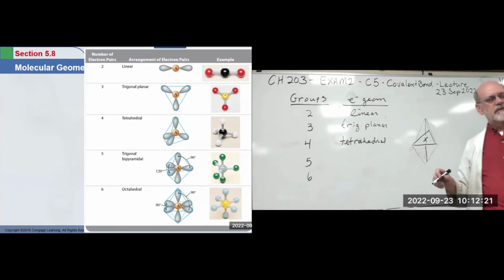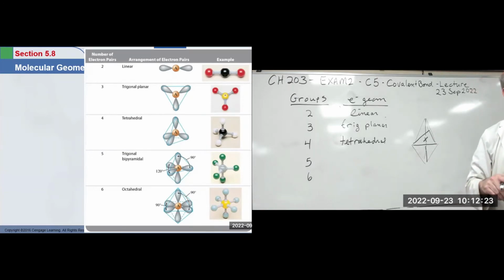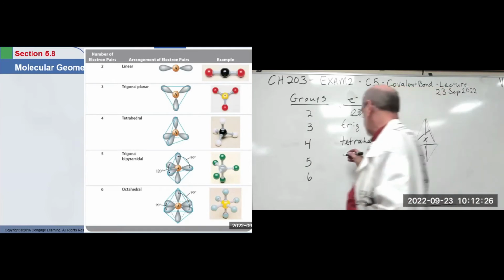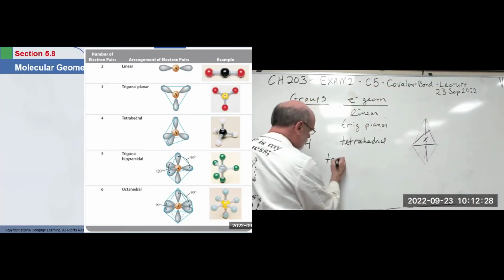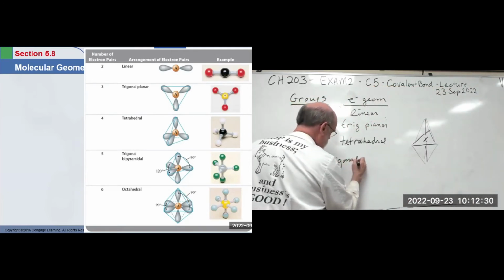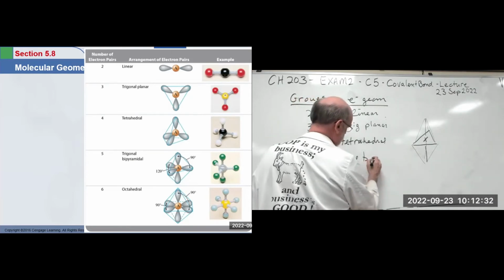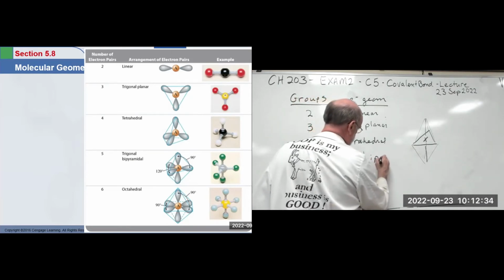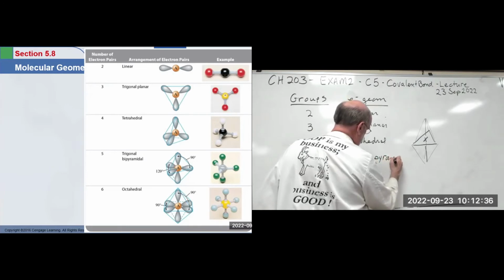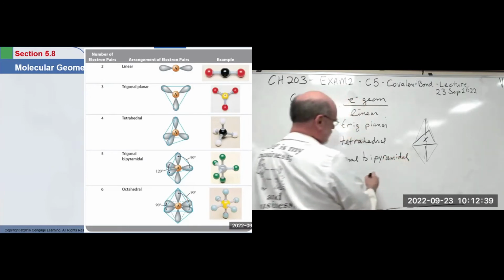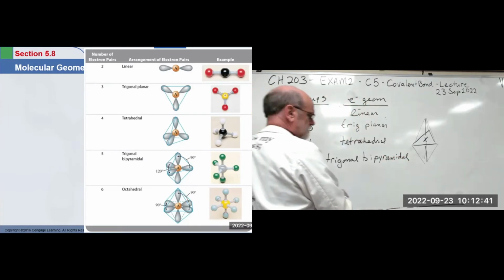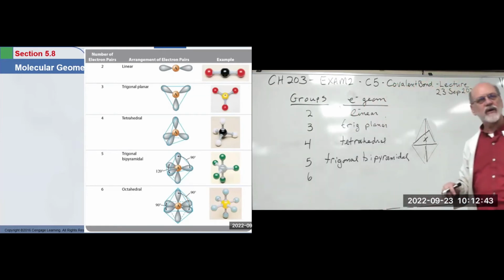Well, it looks like a trigonal bipyramid. So we call it this, trigonal bipyramidal. It's a trigonal bipyramid.